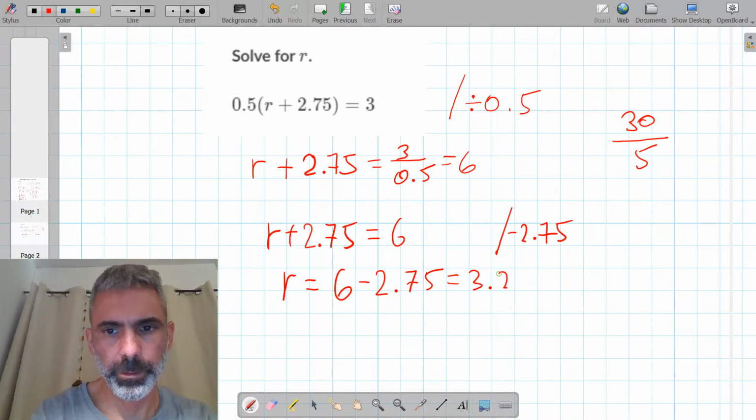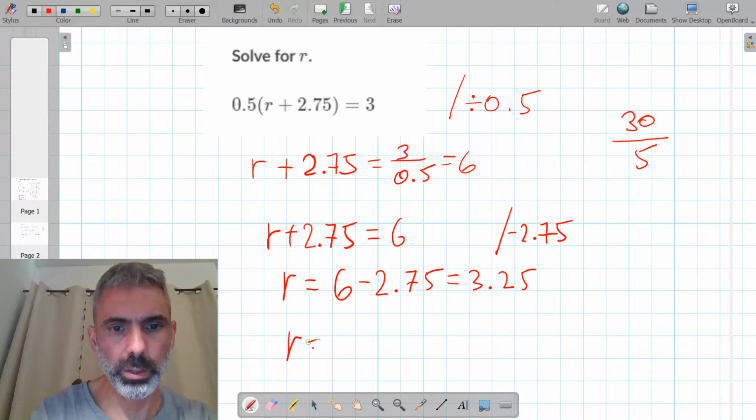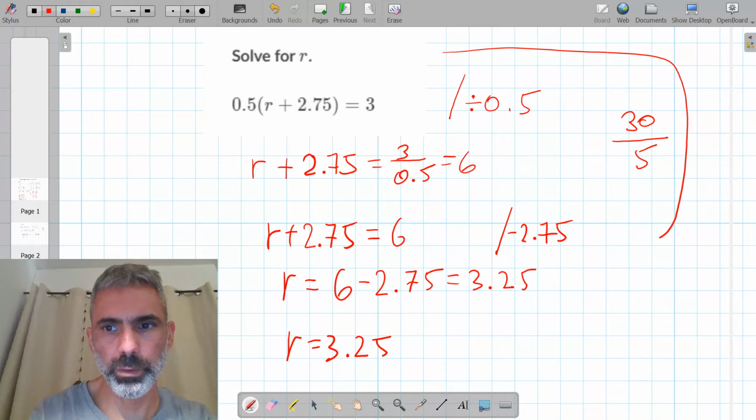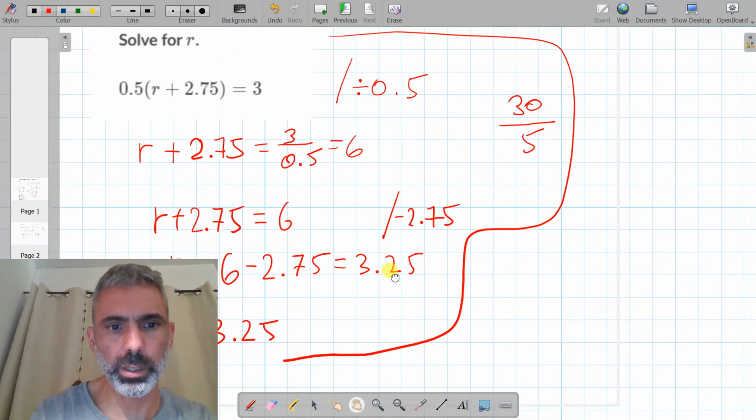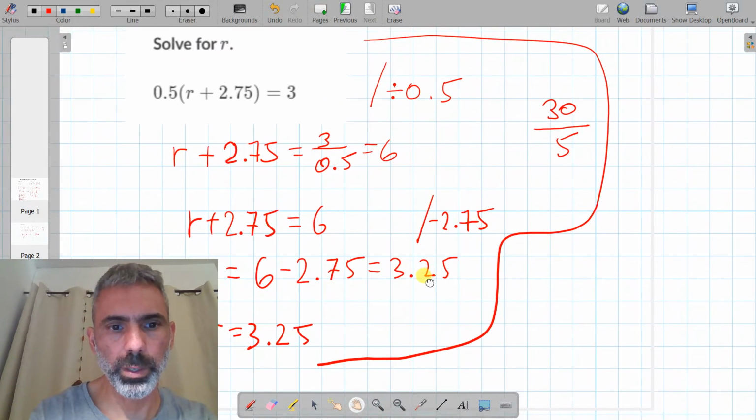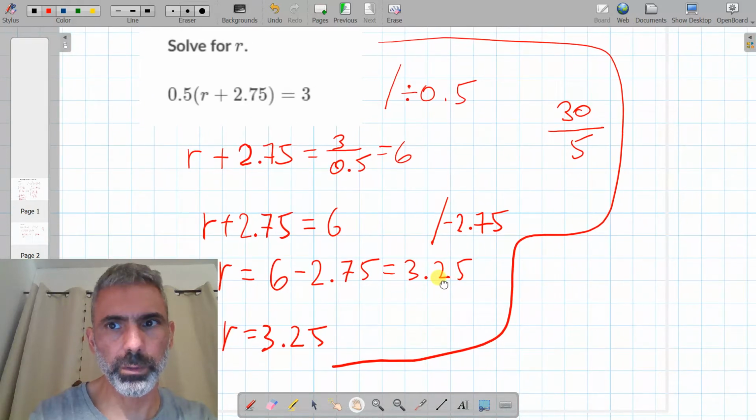Because to complete from 2.75 to 3, I need to go further 0.25, and from 3 to 6 is another 3, so in total we have 3.25. So r equals 3.25.